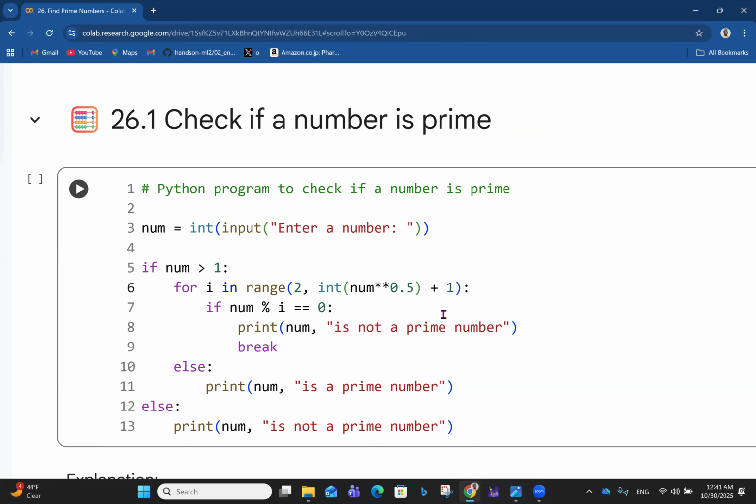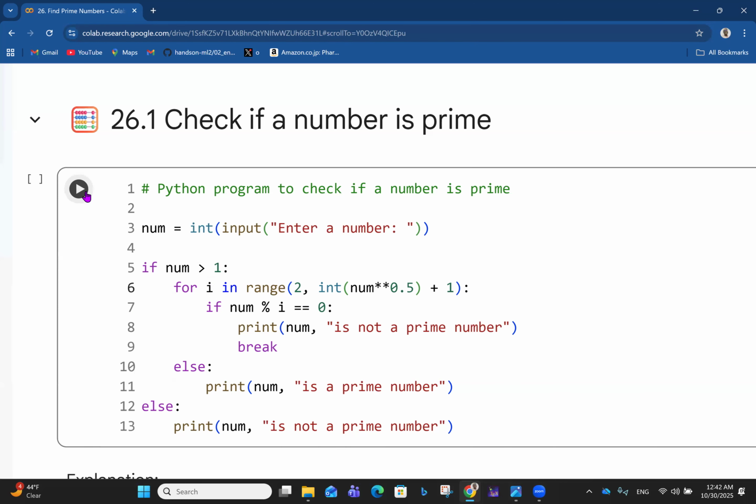Then if num modulo i, that is the modulo division, gives you 0, it means the number is not a prime number. Then you can stop there. Else, you go ahead and print that the number is a prime number, once it doesn't follow this rule.